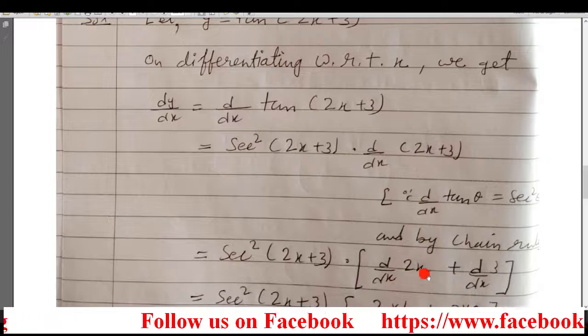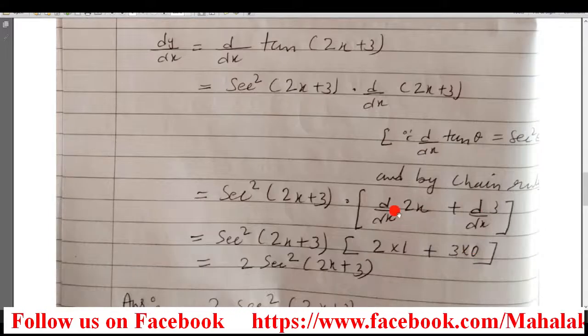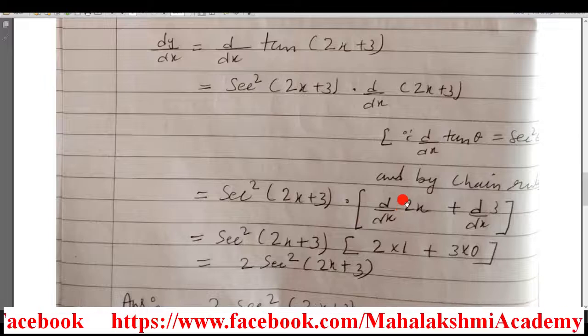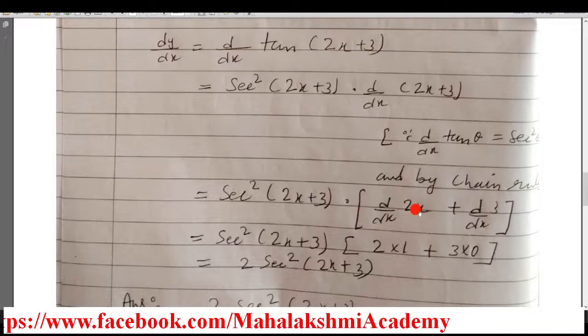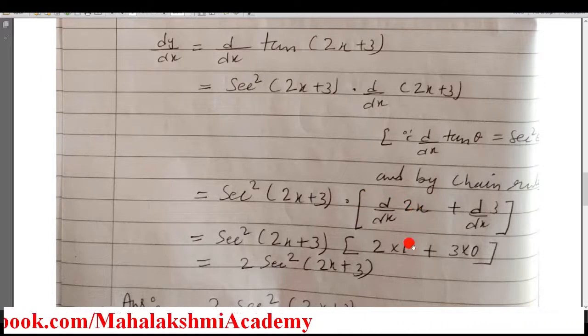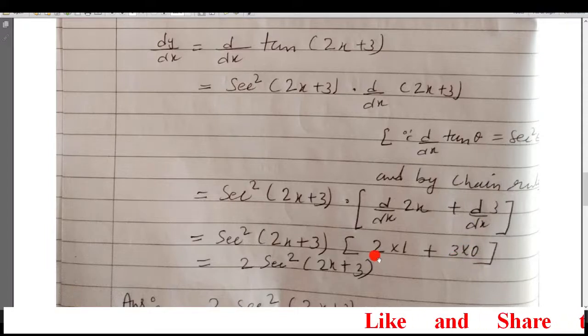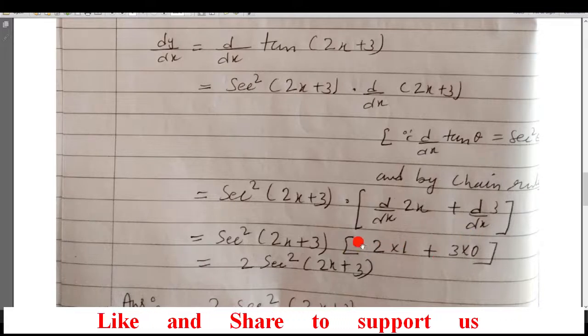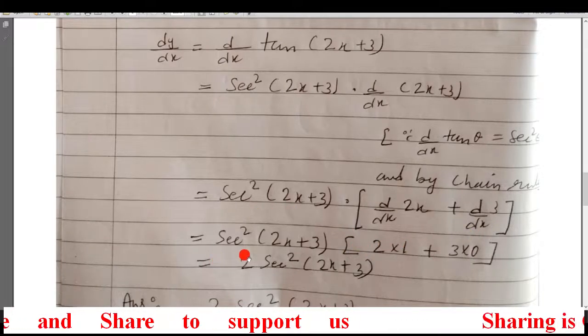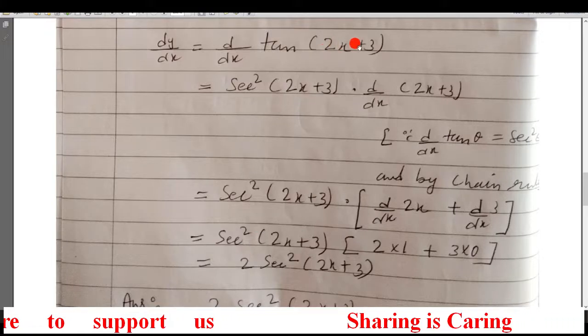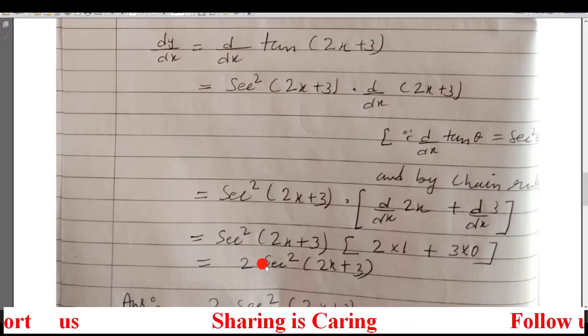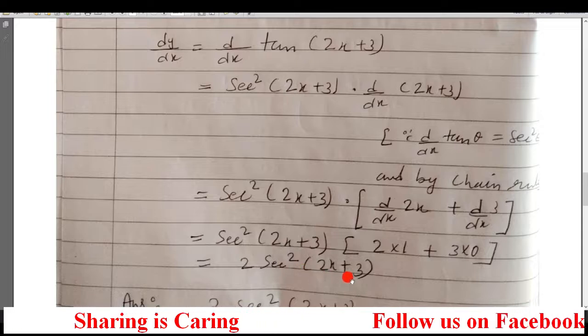So when we differentiate 2x and 3, since this 2 is constant, it will shift here. Then x differentiation by the x to the power n formula, you will get 1. And since 3 is a constant, you know that constant differentiation is 0, so I wrote here 0. So here you will get only 2 as the answer, so that 2 I shifted in front. So the differentiation of tan 2x plus 3 is 2 multiplied by sec square 2x plus 3.